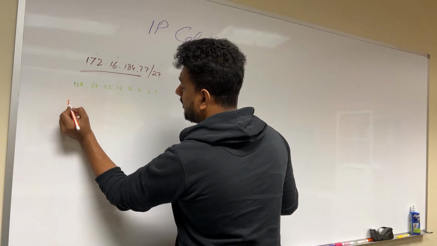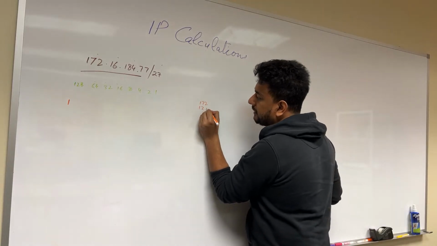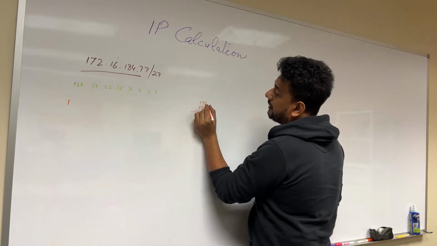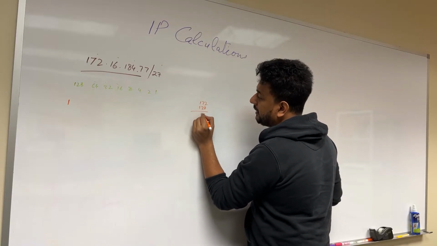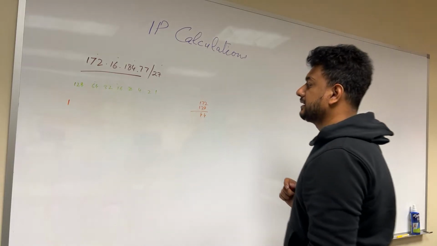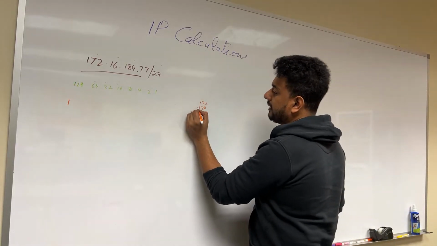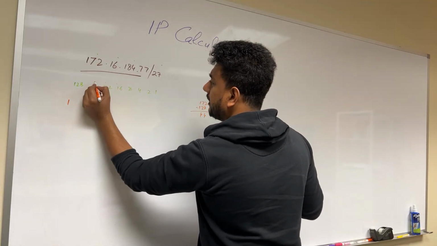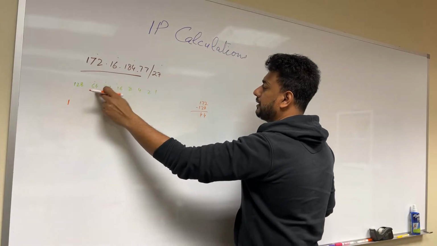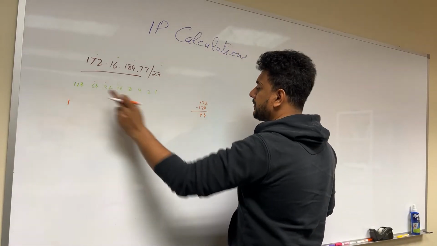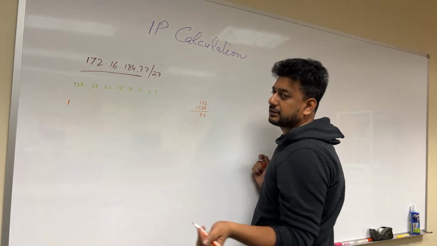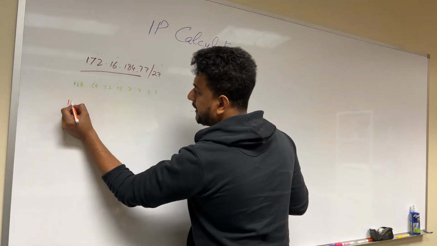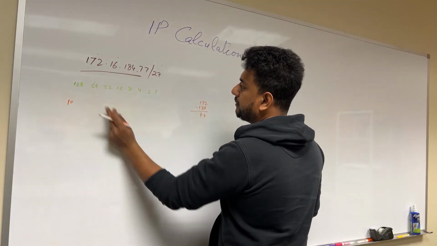So we type 1 here, and we subtract, so the remainder is 44. Then we check in the next column if we can subtract 64 from 44. That's not possible, it would go negative. So the next bit becomes 0.